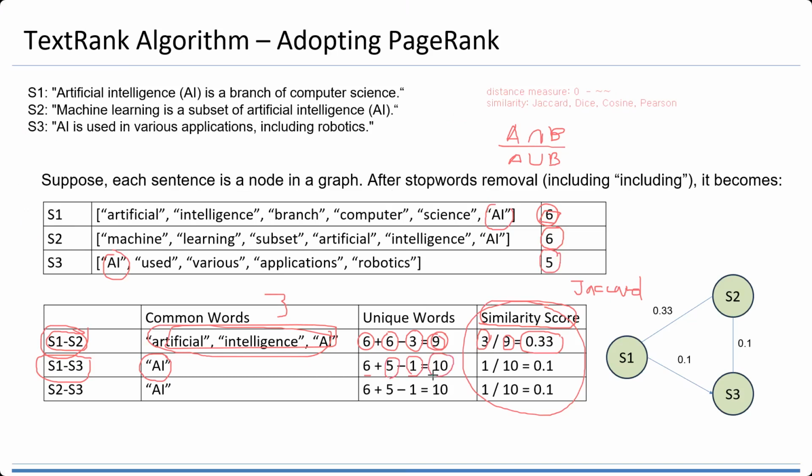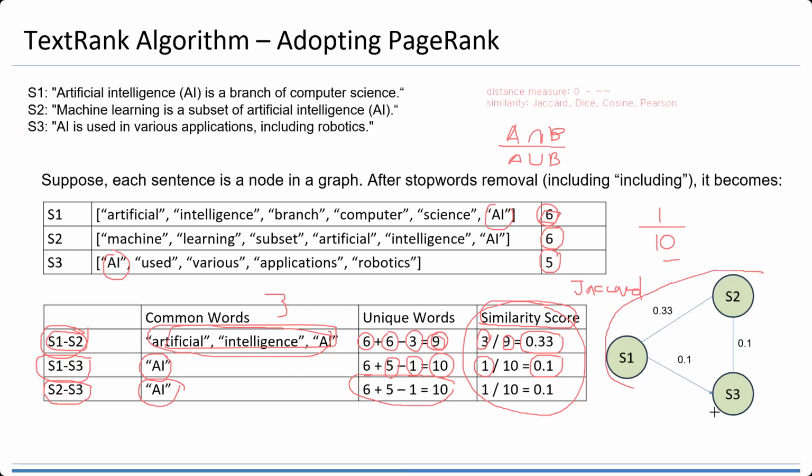Then the total unique words is 10. So we have 1 among 10 that is common. So the similarity score is 0.1. The same with S2 and S3. We have 10 unique words and 1 common word. So it is 1 over 10.